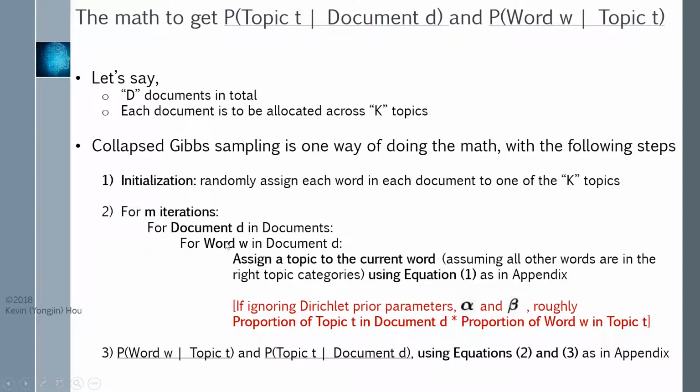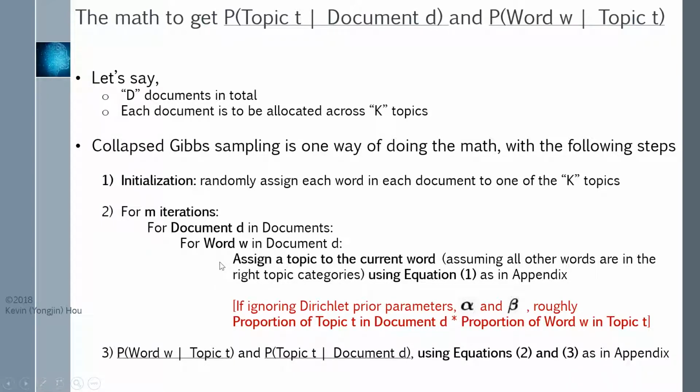Within each iteration, we go through all the documents. This is kind of in Python syntax again. So we go through all the documents, and the particular one we are working on is document d, lowercase d. And then in each document, we also go through all the words. Currently, we're at word w in document d.